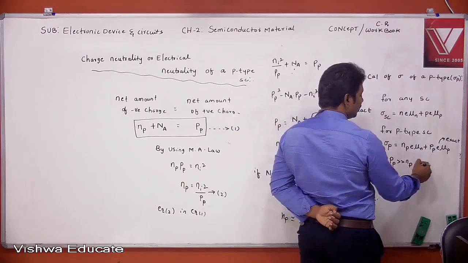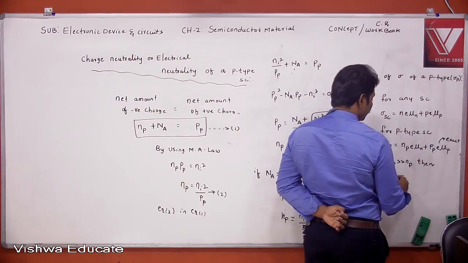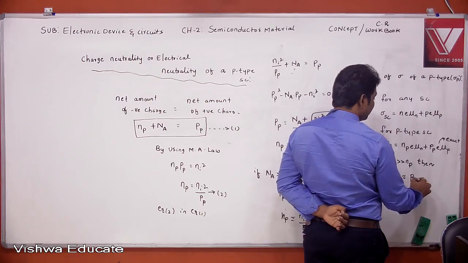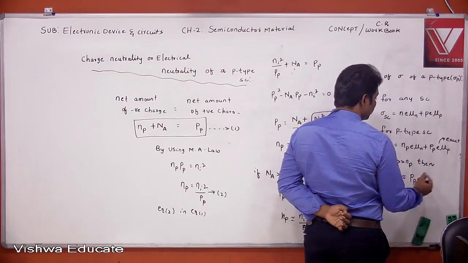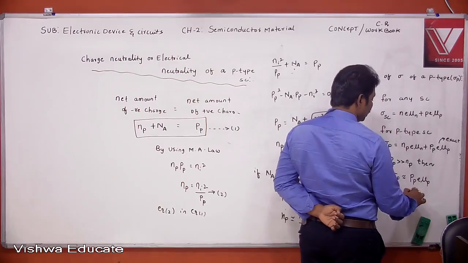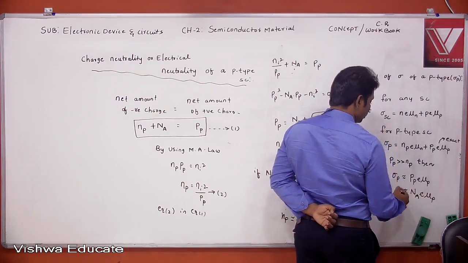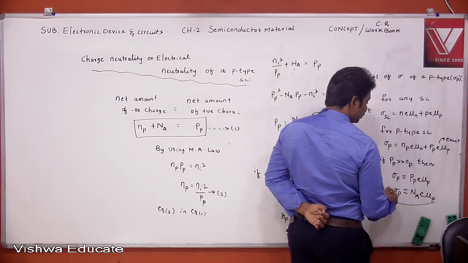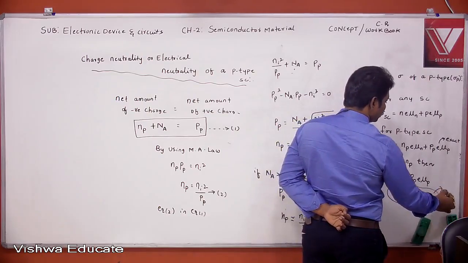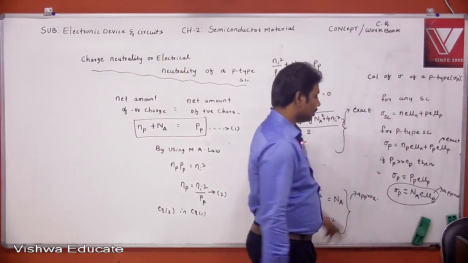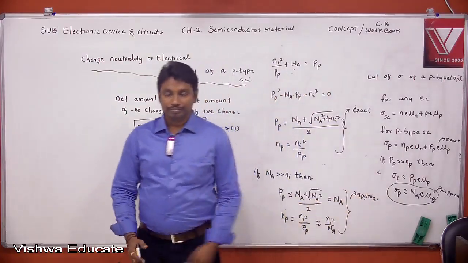Then sigma p is approximately equal to pp into e into mu p, and pp is Na, so sigma p is approximately Na into e into mu p. This is the approximate formula for the calculation of conductivity of a p-type semiconductor. Copy?